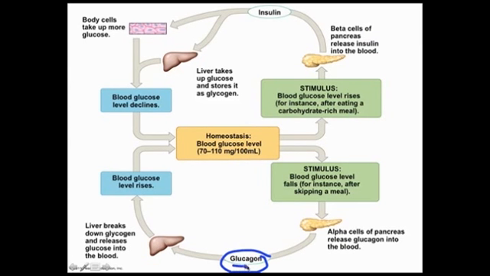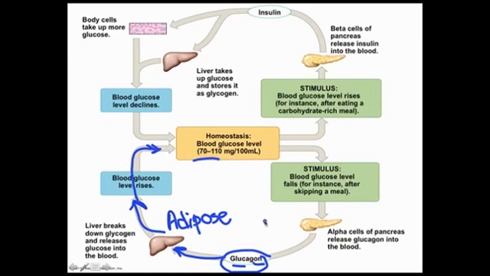When glucose is gone, glucagon is going to stimulate the liver and adipose cells, don't forget the fat cells, those adipose cells will release glucose, and when they do, that's going to cause glucose levels to rise to a more homeostatic condition.